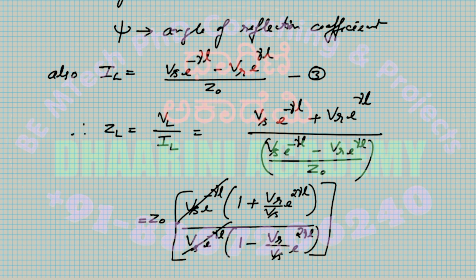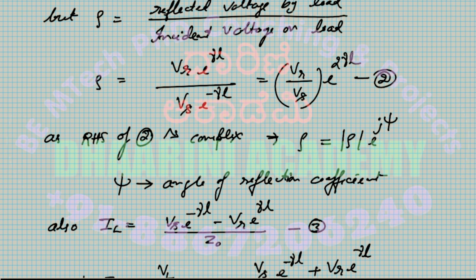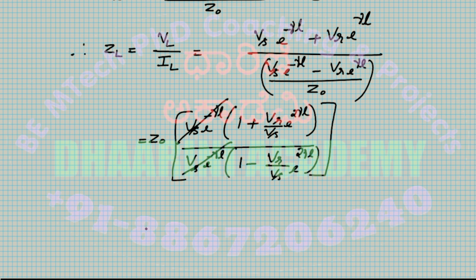I think we just wrote the Vr by Vs into e to the 2 gamma L term somewhere, right? Yeah, equation number 2, right? Vr by Vs e to the 2 gamma L is rho, correct? So the left hand side ZL is Z naught into 1 plus rho by 1 minus rho, right? This is the equation anyway.